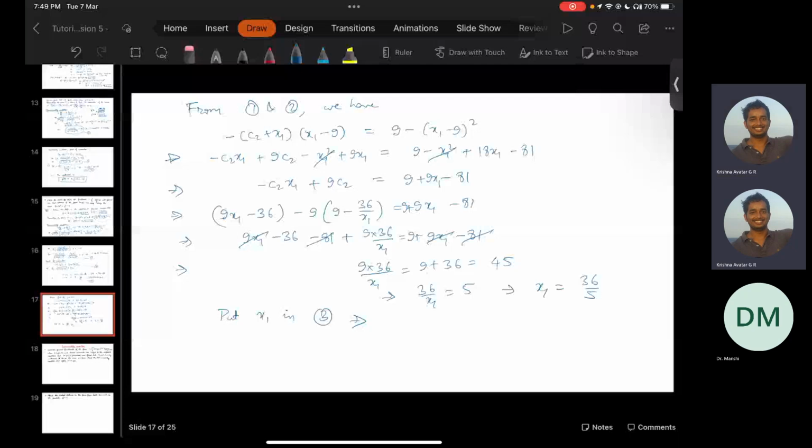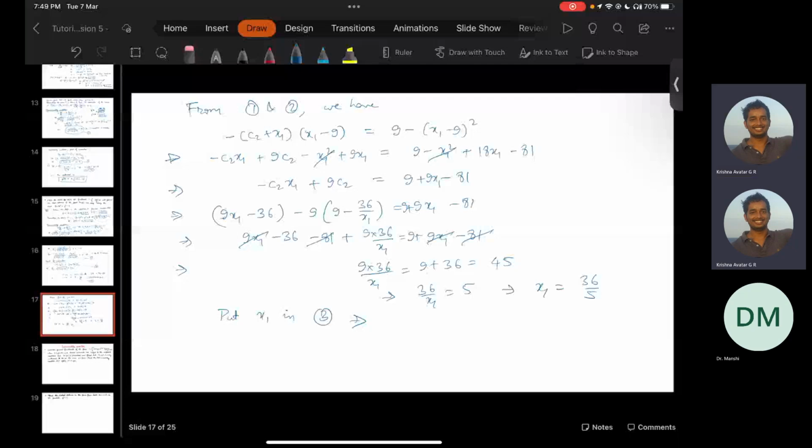The question asks us to minimize the functional J of y equal to the integral from minus 1 to 1 of x to the power 2 by 3 into y prime squared, subject to the end conditions y at minus 1 is equal to minus 1 and y at 1 is equal to 1.